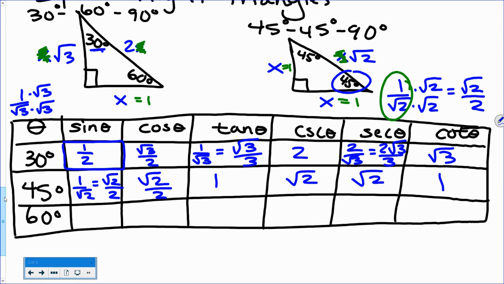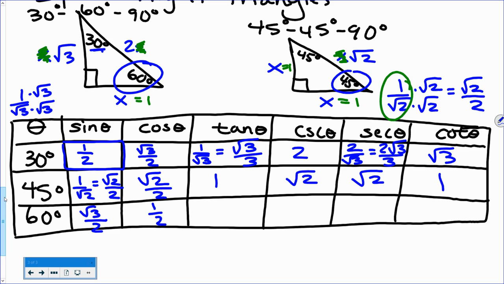Now for 60 degrees, you can go off of this angle right here and use your opposite over hypotenuse, all that stuff. Or we could use our cofunction identities. If I have sine of 60 degrees, that has to be equal to cosine of 30 degrees, because their angles would add up to 90 degrees. The same thing goes for cosine of 60.